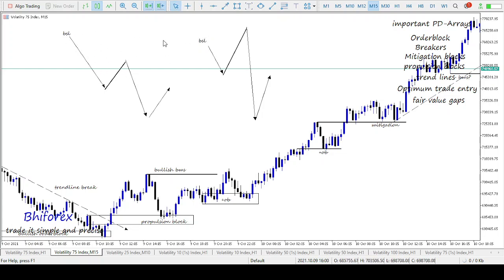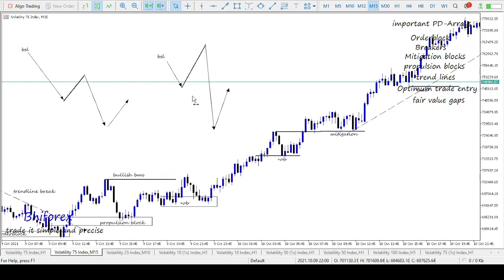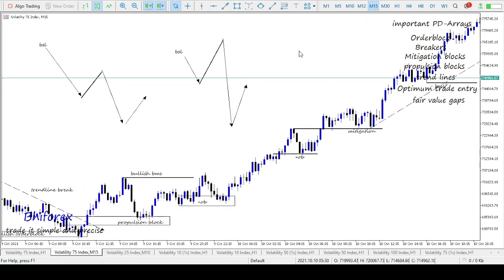But what makes these two buy side liquidity different is what defines these two terms, the mitigation blocks and the breaker blocks. So here we have our mitigation block, and here we have our breaker.